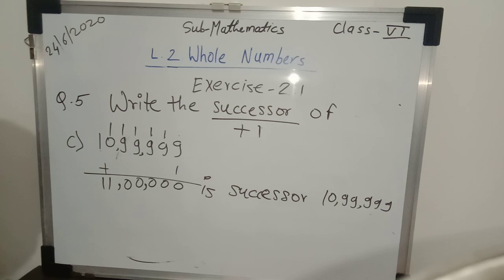So see students, it is very easy. If you understood, it will be easy for you to find out the successor of any number. Till the crore you can easily find out the successor and predecessor of any number. So let's see the D example.